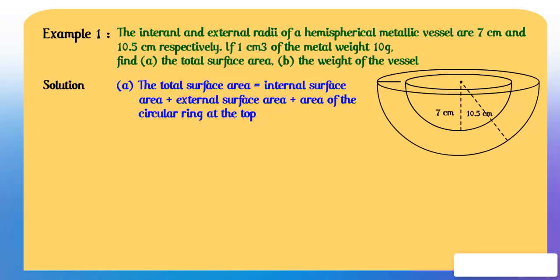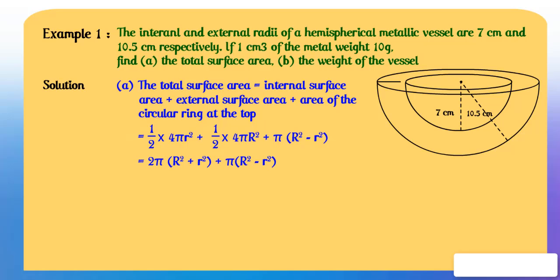Let's solve this. A. the total surface area is equal to internal surface area plus external surface area plus area of the circular ring at the top. This is equal to 1 by 2 into 4 pi small r square plus 1 by 2 into 4 pi capital R square plus pi into (capital R square minus small r square).